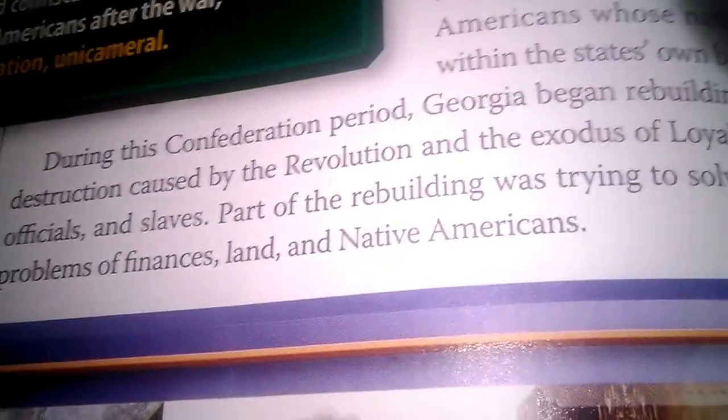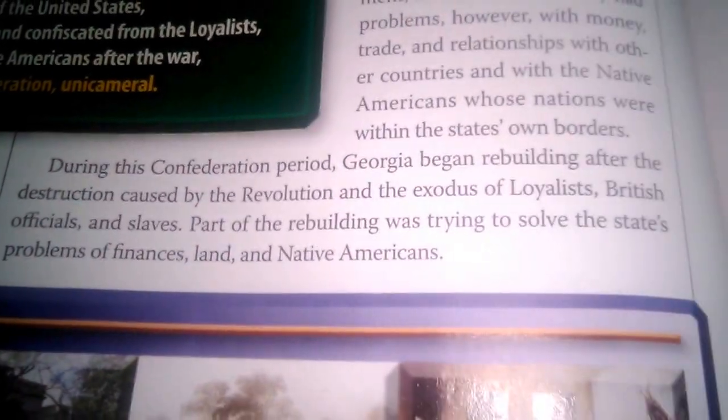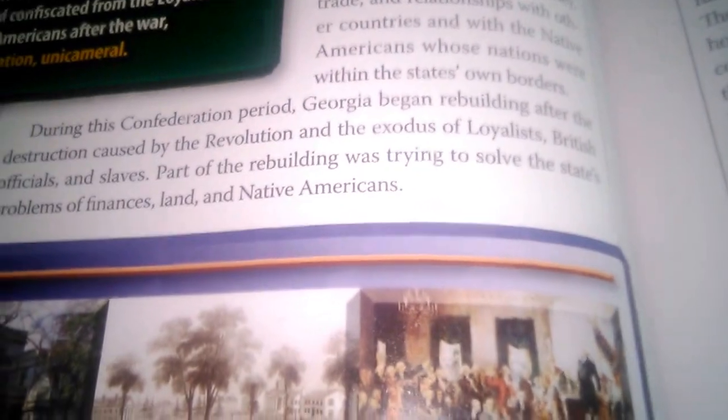During this confederation period, Georgia began rebuilding the destruction caused by the Revolutionary War and the exodus of the Loyalists, British officials and slaves. Part of the rebuilding was to try to solve the state's problems of finances, land, and Native Americans. So here's how this was done.